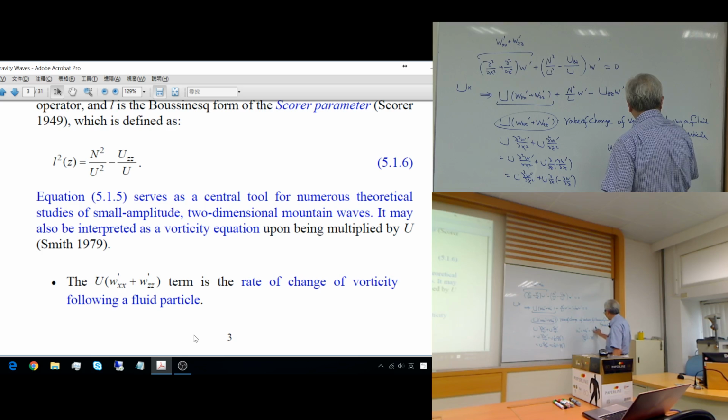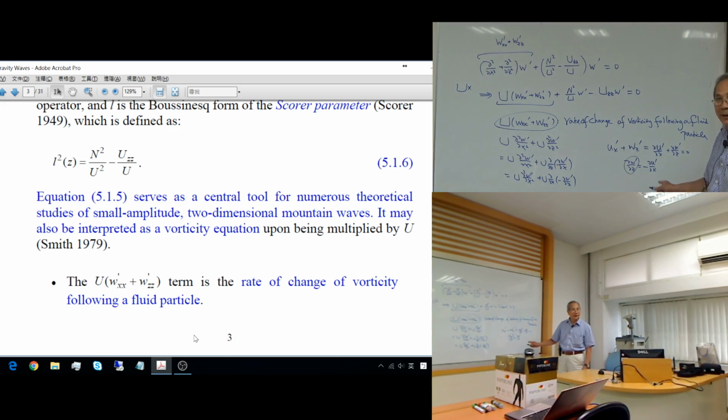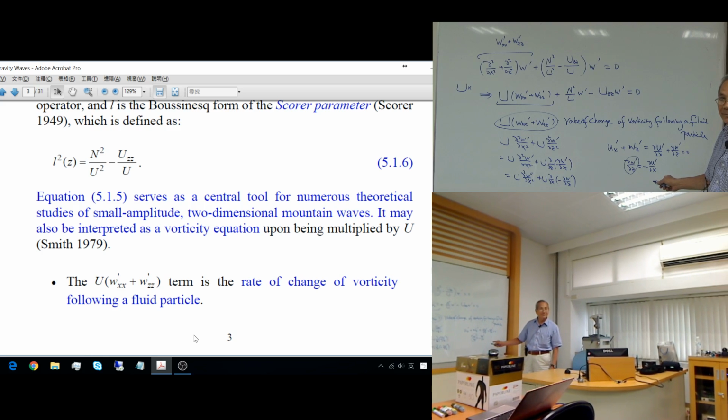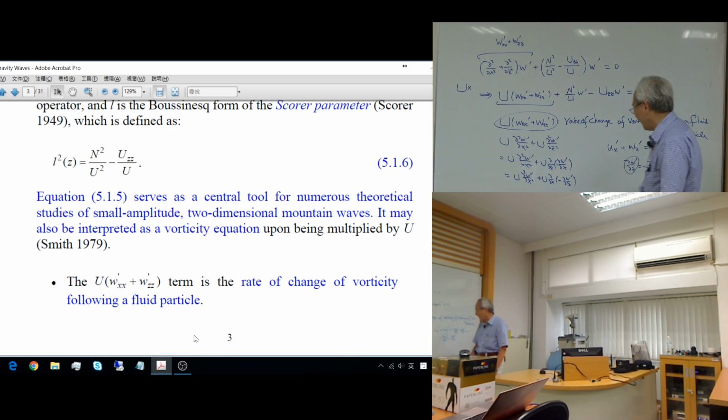So this is partial u prime partial x, so then this becomes minus negative du/dx. Agree? Double check. You sure? Okay, I trust you.